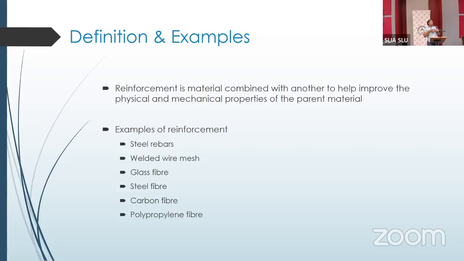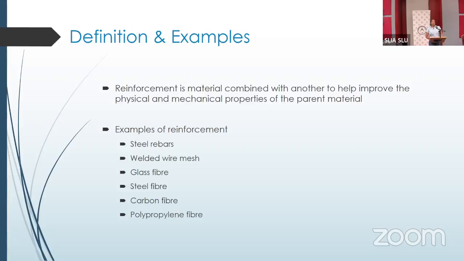So if we were to pull on the concrete, then that concrete is going to start breaking away. That's why we add the steel to it to help improve the strength of the concrete. Some examples that we have would be the rebars, which we generally use.